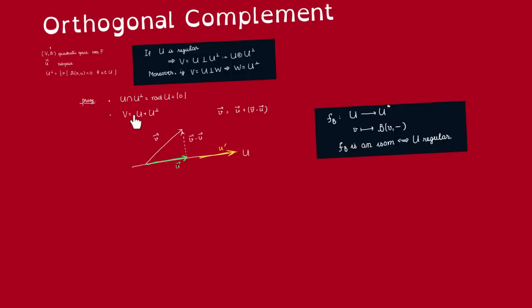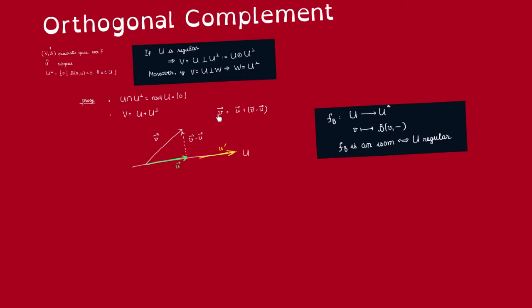Now we will show that U and U perp span the whole of V, and for that we will use the previous statement that we proved. As U is regular, we will use the statement that every linear functional on U comes from dot product with some element of U. Again, I'm saying dot product instead of the bilinear form because it's just shorter to say. Alright, so we want to show that V is spanned by U and U perp.